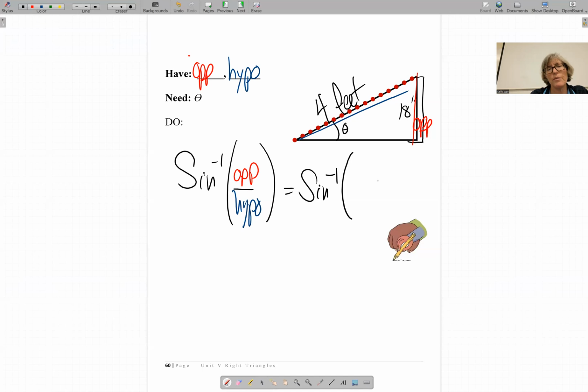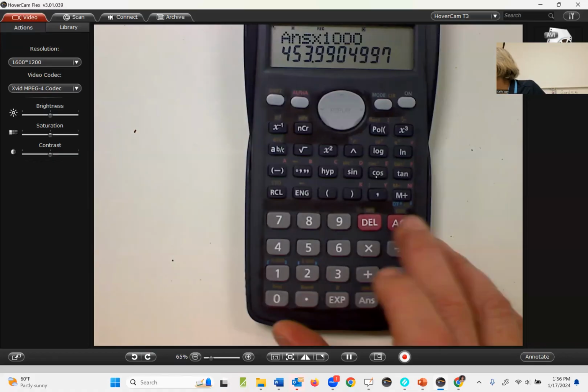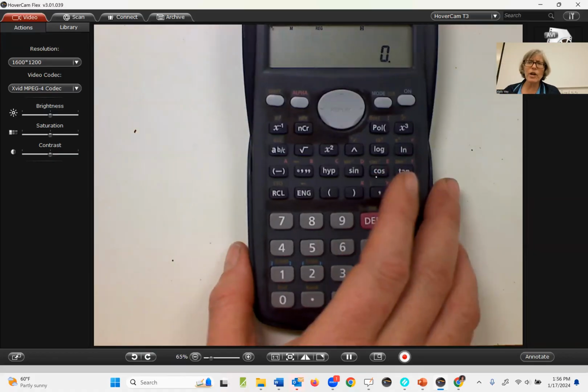Inverse sine, opposite 18, hypo 4. I'd like you to put that in your calculator right now. See what happens. Put exactly that in your calculator and see what happens. You should have gotten something like this.